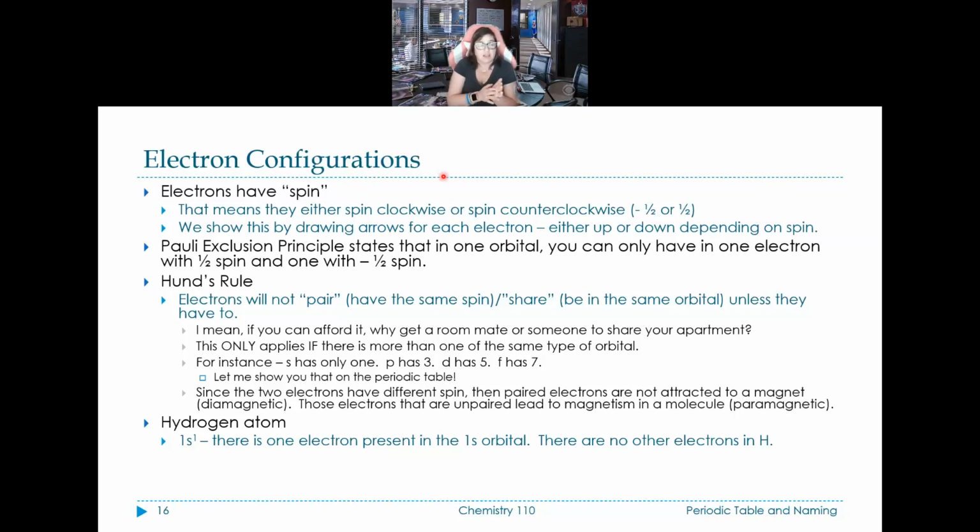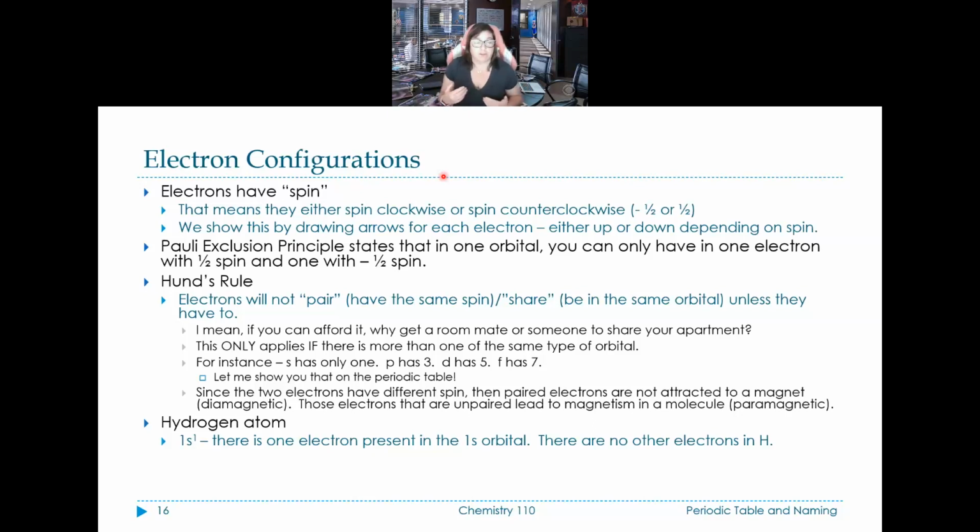Hund's rule says the electrons do not pair, have the same spin, or share the same orbital unless they have to. Let's think about this for a second. If you can afford it, why would you have a roommate in the same room as you? If you can have 2 rooms, wouldn't you do it that way? That's the same kind of thing we're talking about here.